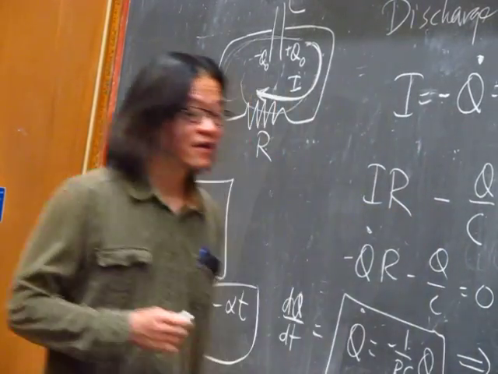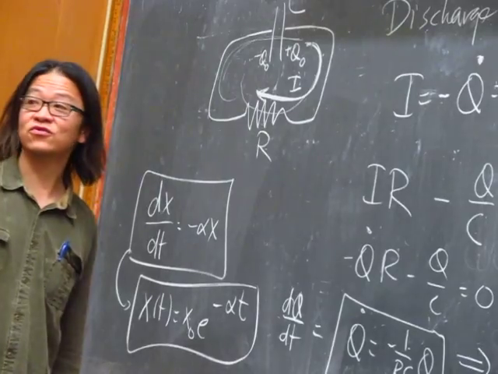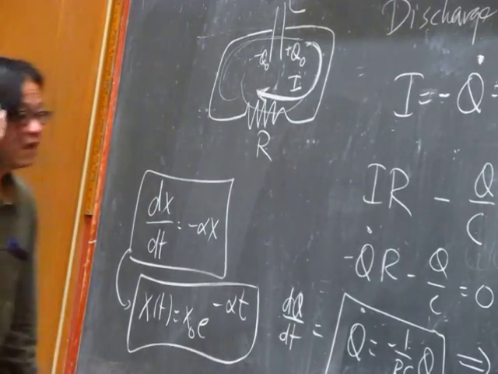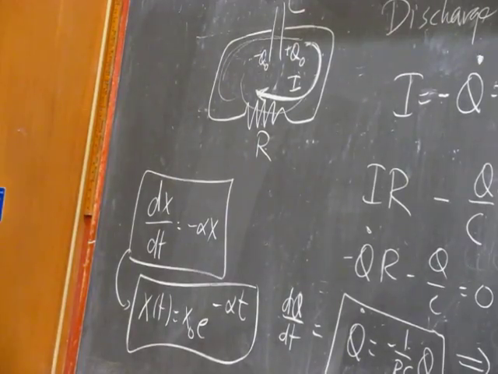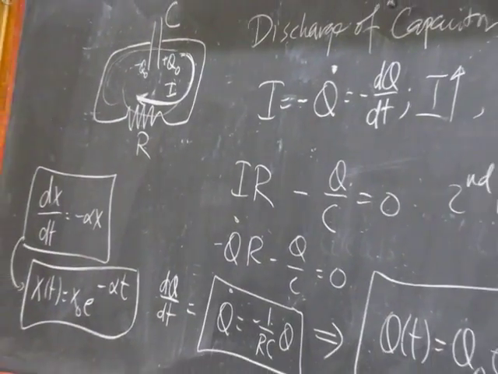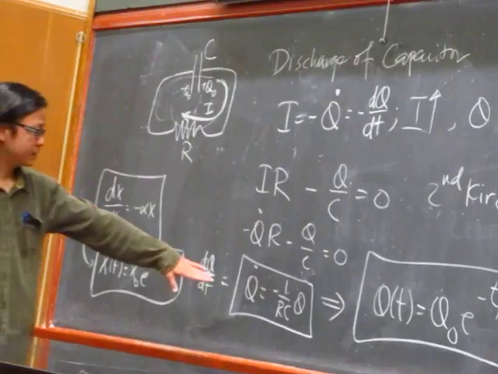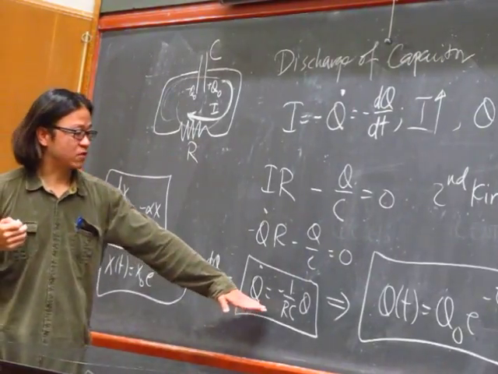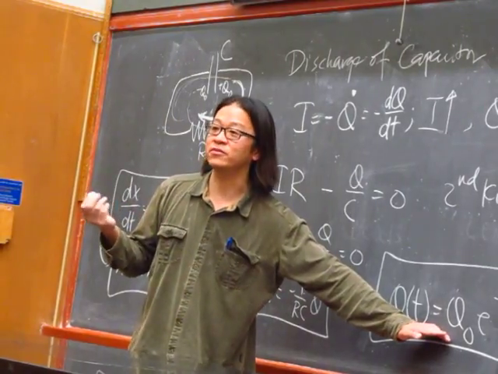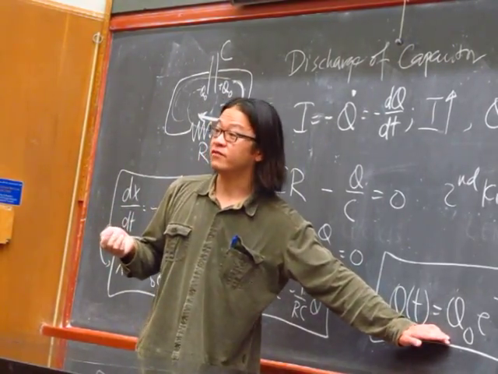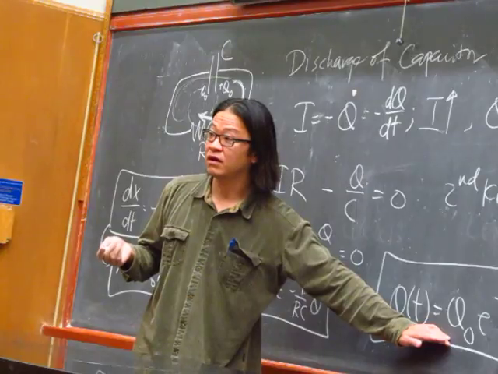Question so far? Do you integrate both sides? Yes. Separate the variables, so you have dQ on one side, dt on the other.